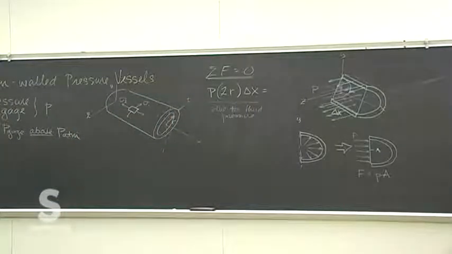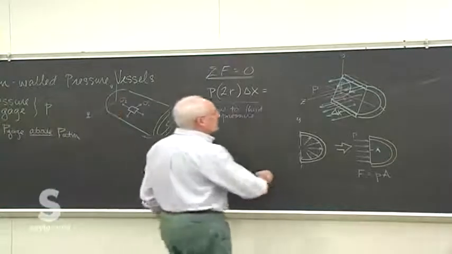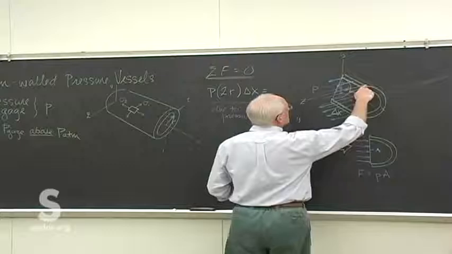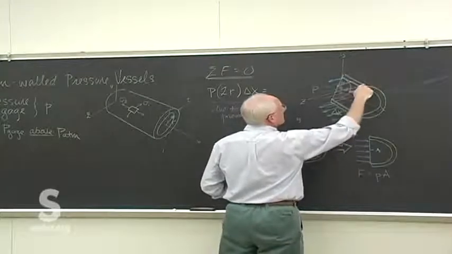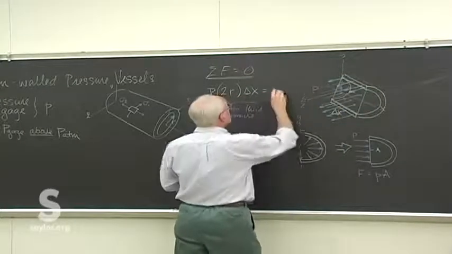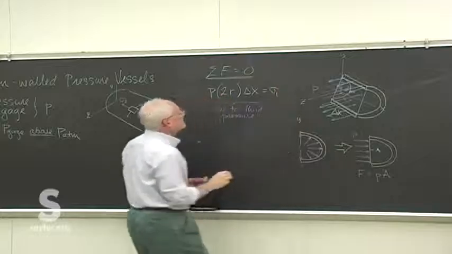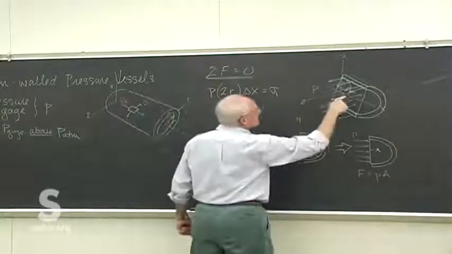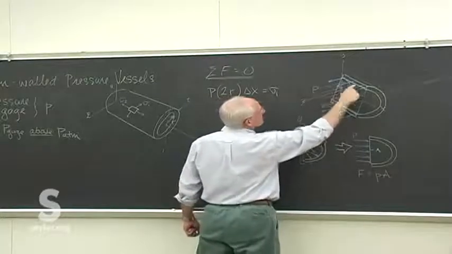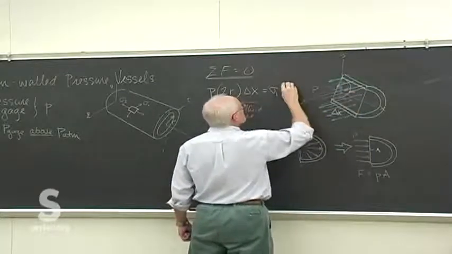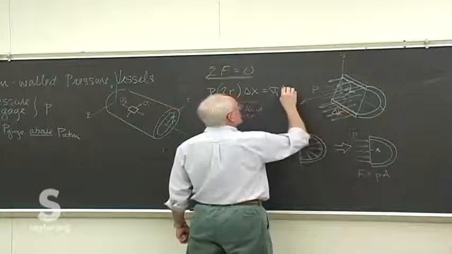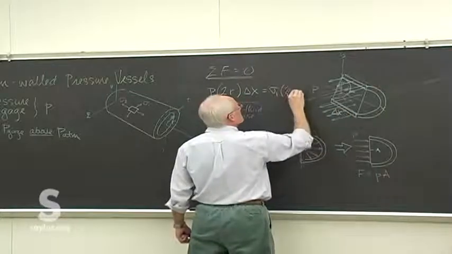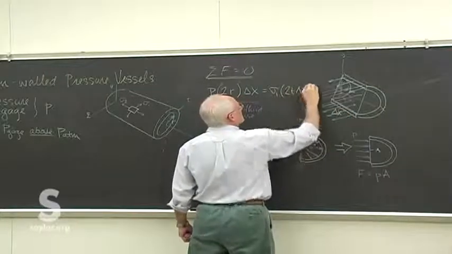That's got to be balanced by the stresses in the material itself, which is delta. It's the stress acting on the area of the wall that's exposed, which is delta x times t, but there's one top and bottom, so it would be 2t delta x.